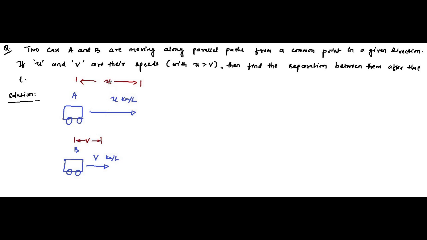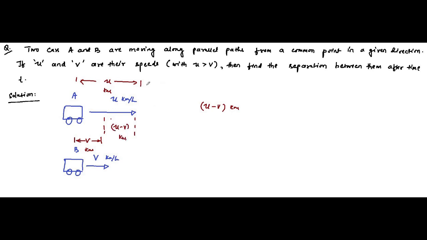So after 1 hour this will have covered u kilometers, and this will have covered v kilometers. The gap between them is u minus v kilometers.